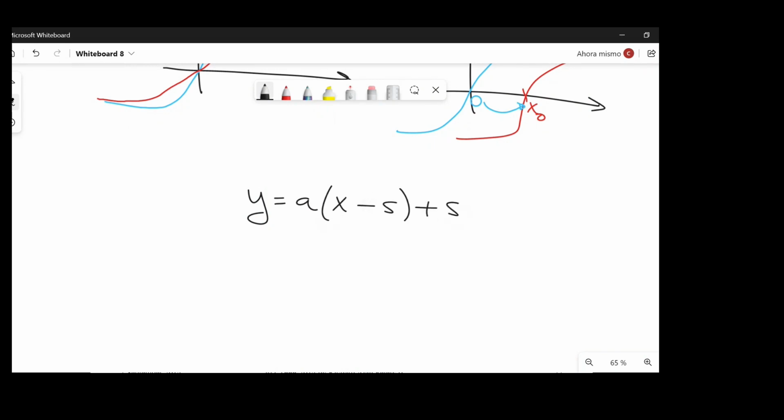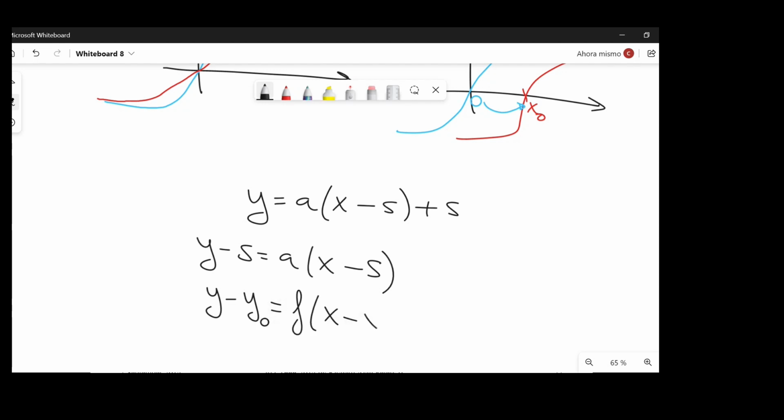Actually, I can take this x and put it on the left, and write it like this. In general, it has this form: y minus y naught is equal to a function of x minus x naught. Only that x naught and y naught in this case are the same.